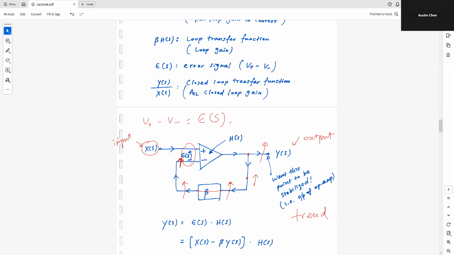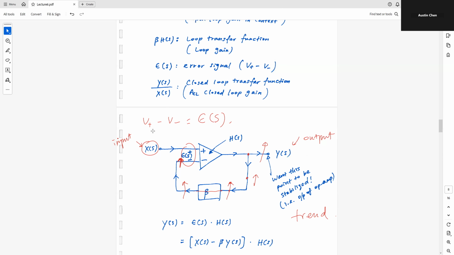That means the difference between these two points is actually going to decrease. So my error signal is going to go down.